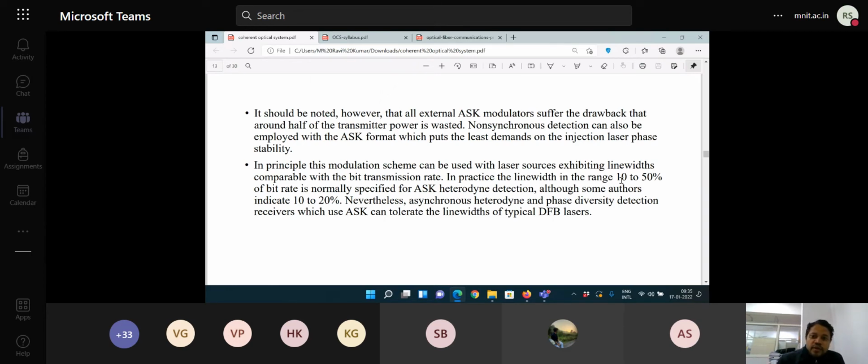If we are talking about 10 to 50%, then it refers to line widths of the order of 0.1 to 0.5 nanometers. That is what is usually needed for ASK heterodyne detection. But for asynchronous heterodyne detection, it's possible to have line widths of the order of even 1 nanometer.